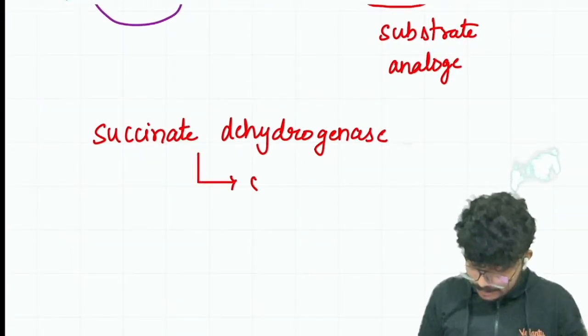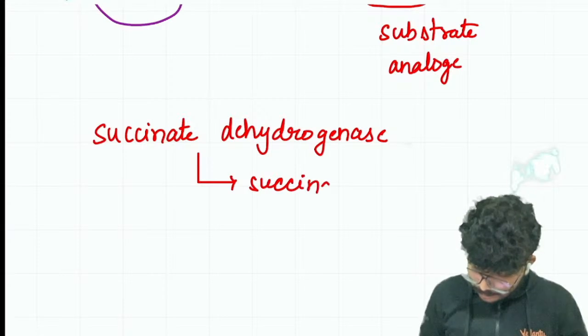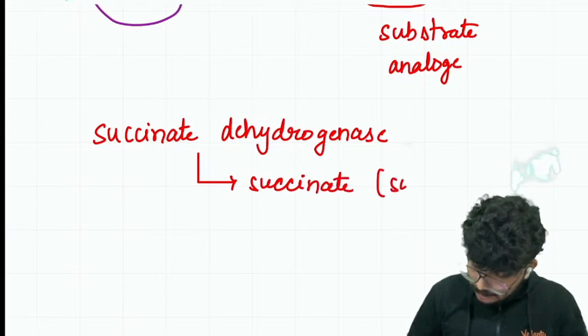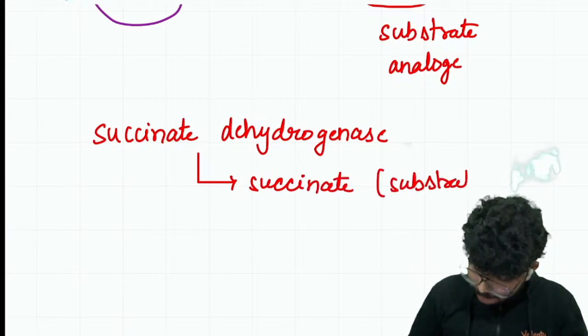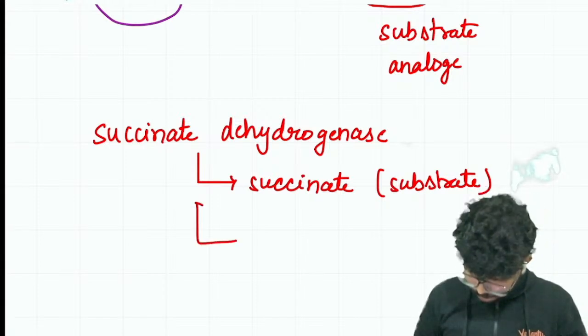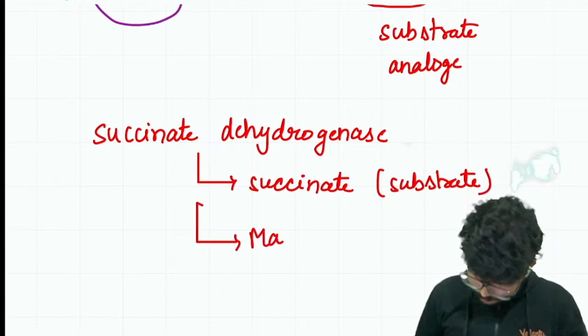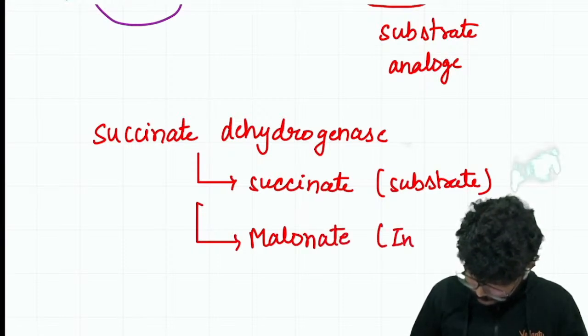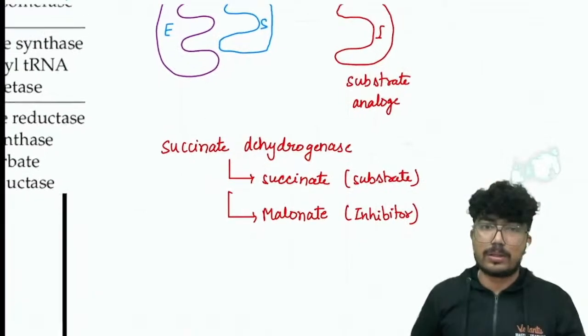The name itself suggests succinate is the substrate, but the inhibitor is going to be malonate. Okay, so malonate is the inhibitor.